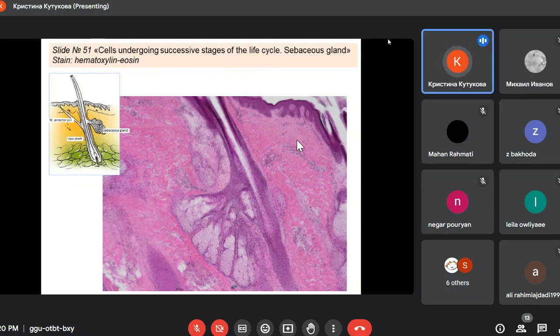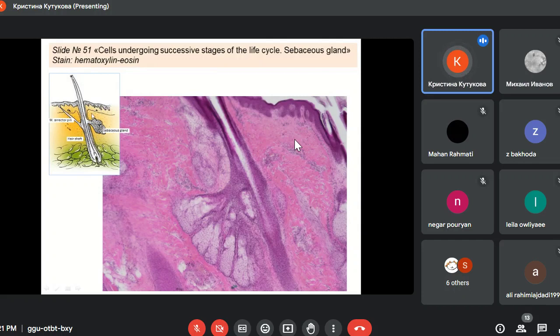We have hair almost everywhere except some areas such as the palms of our hands and some others. So here we have a part of skin with hair. Hair is here in this picture. It is anchored deep inside our skin, and its shaft is over the surface of the skin.